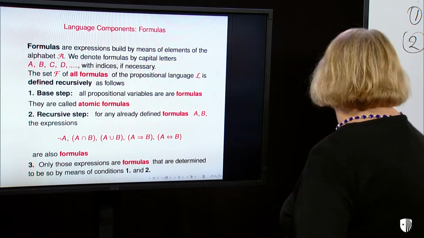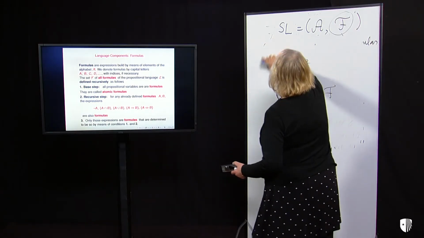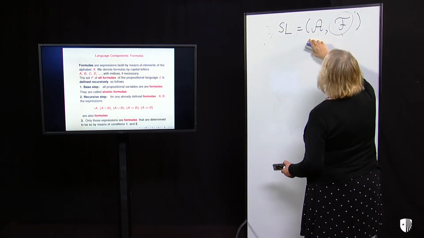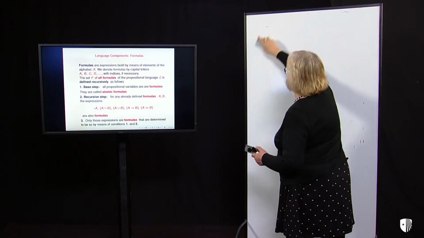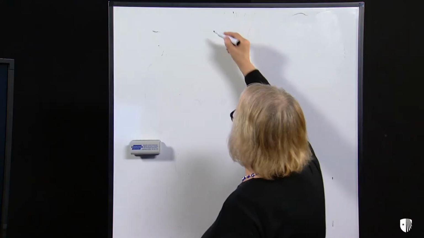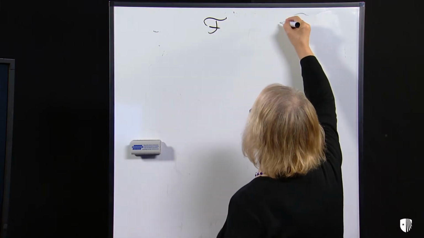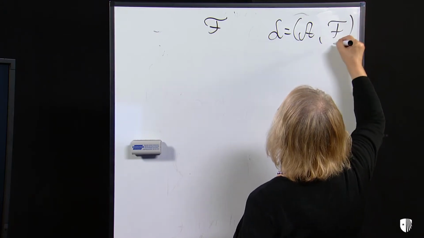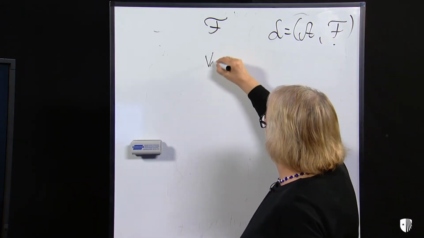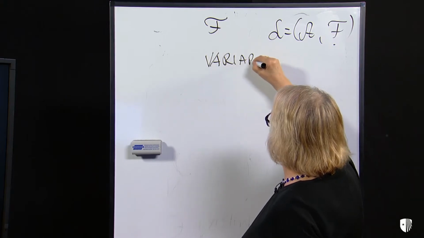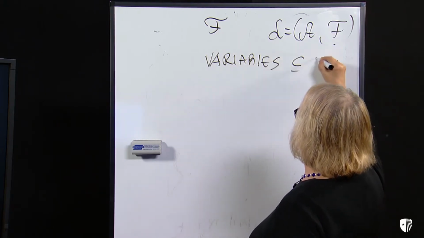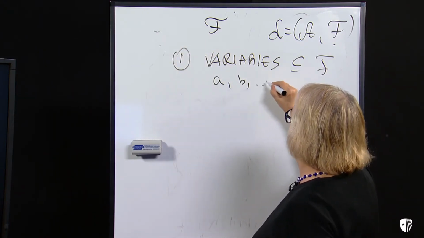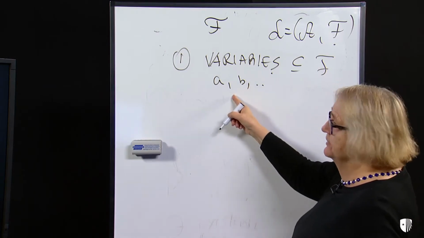What is important here, and I will be repeating it, is that now we define the set of formulas F, and our language is the alphabet and F. Variables are formulas, and we denote variables by a small letter.